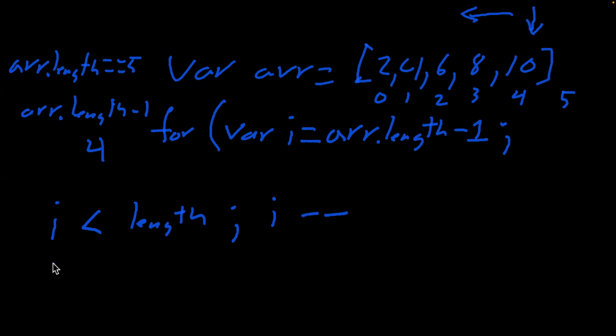Okay, yeah. So what we're saying here, well, if 4 is less than 5, decrease I. Yes. So then we decrease it to 3, and then we check again. While I is less than length. And so at what point are we going to stop? Oh, never.